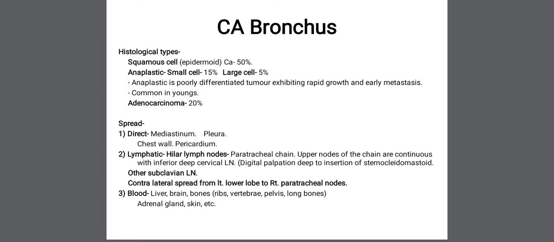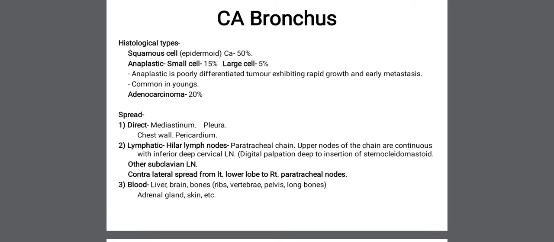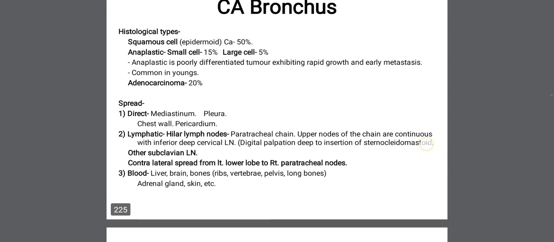Next one is by lymphatics. By the lymphatic system, first the hilar lymph nodes are affected. Then the spread will be to the paratracheal chain, and the upper nodes of the chain are mainly affected.